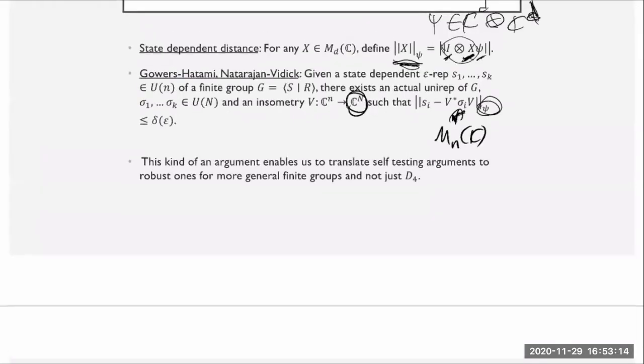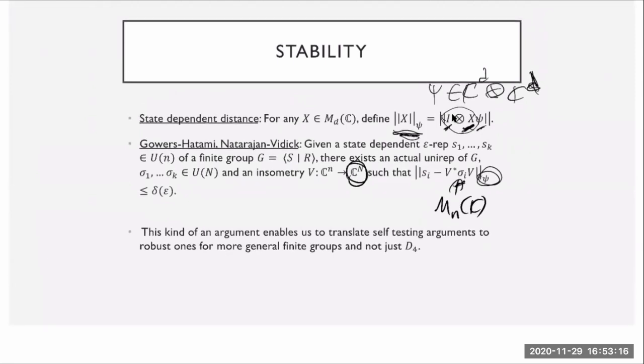I can say something a bit more precise. This delta doesn't depend only on epsilon. It also depends on the diameter of the Cayley graph of your presentation. So take the Cayley graph of G using these generators.